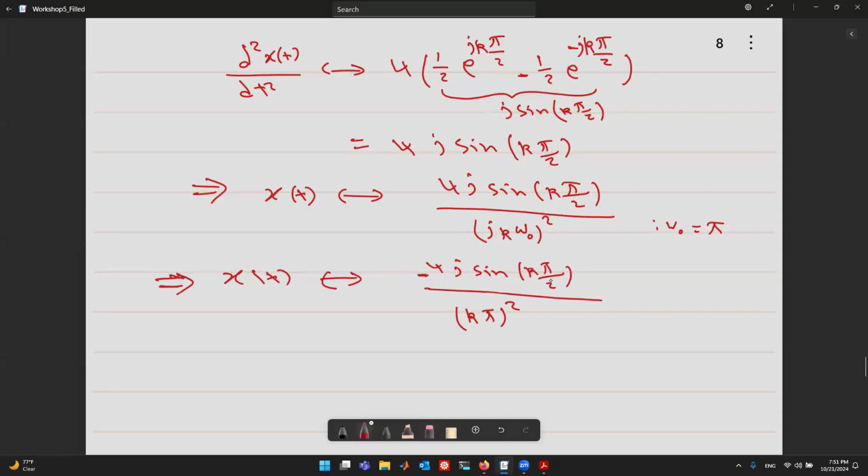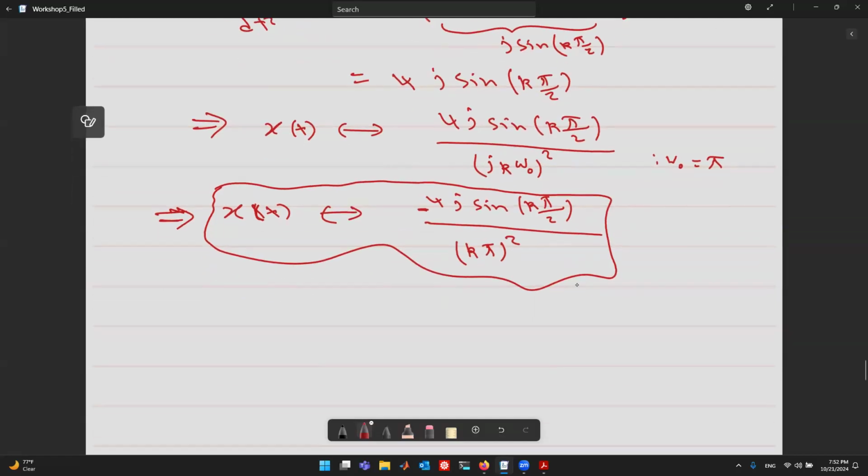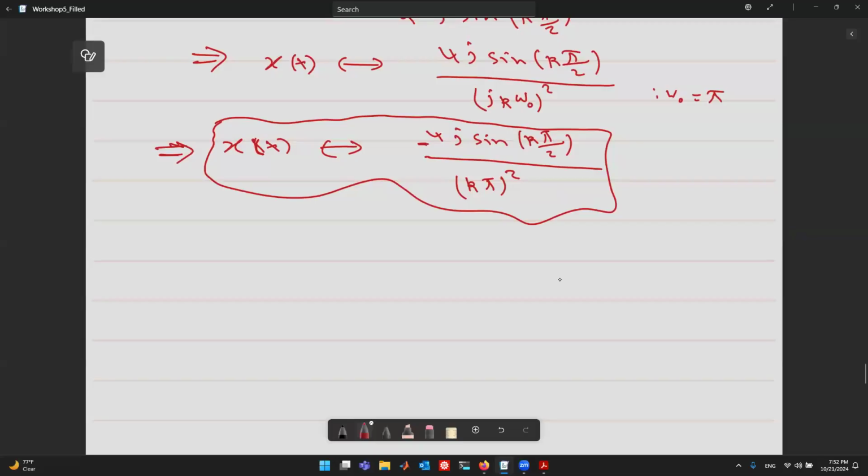Let's see, we have this first. By noting that sine k pi over 2, let's say for k equals 0, sine would be 1, and then we'll have infinity here.